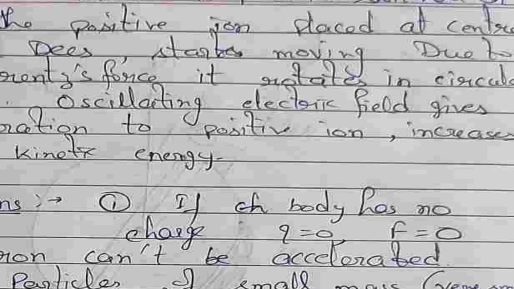Now D2 will get positive and D1 will get negative. Here the positive charge on D2 will repel this positive ion which is leaving D2. So this will give a repulsion to the charge. It will increase its radius and velocity. So here lies the acceleration.